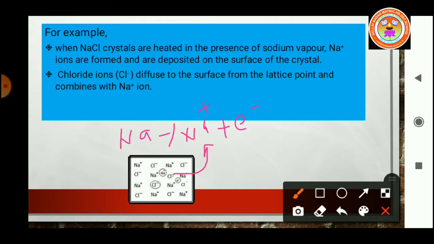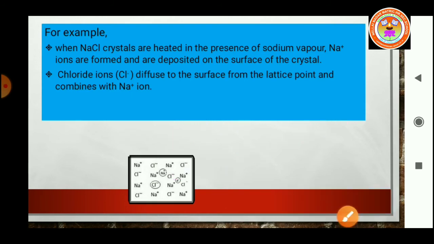So Cl minus and Na plus, what's happening here? Formation of NaCl crystal, isn't it? Na plus Cl minus. In the space left vacant, that is called an anionic vacancy. How to balance the anionic vacancy? This electron occupies the empty space. Now clear?